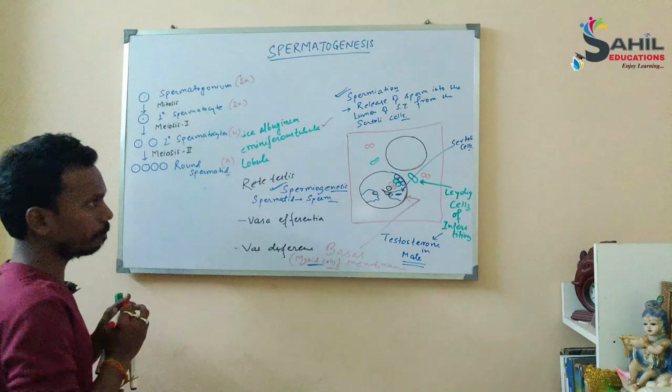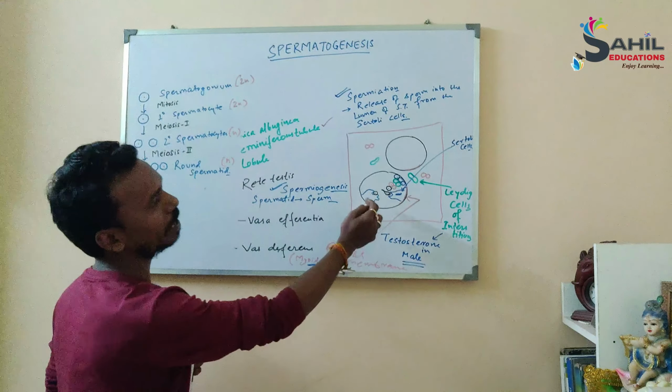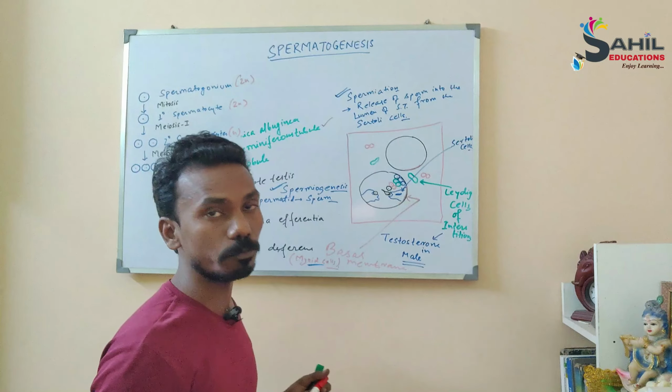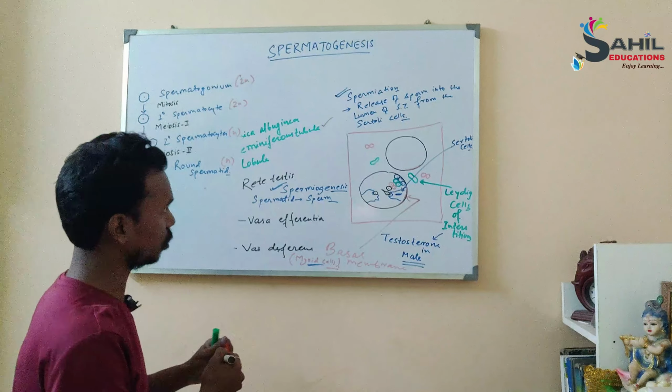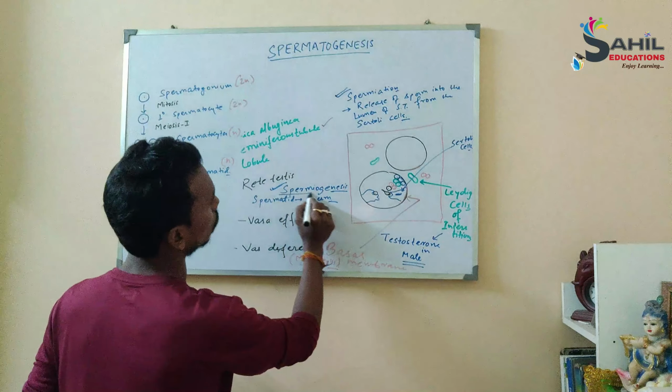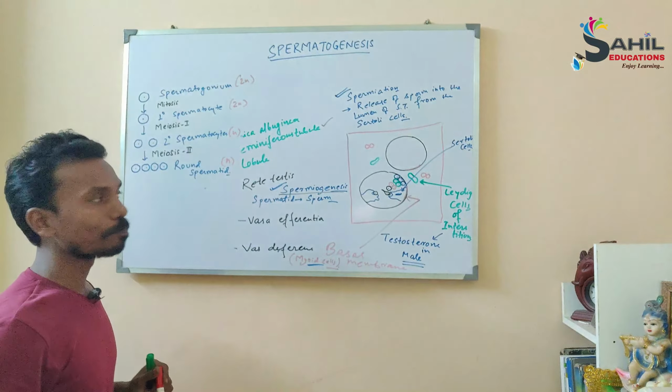After these round spermatids are formed and they are embedded in the Sertoli cells, they will undergo maturation, and that maturation process is known as spermiogenesis.